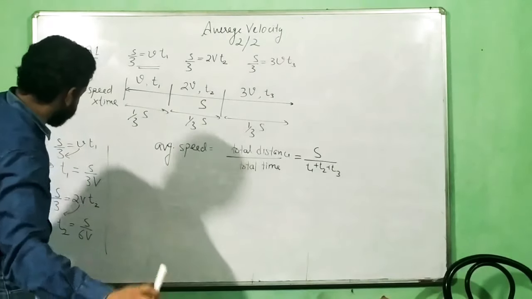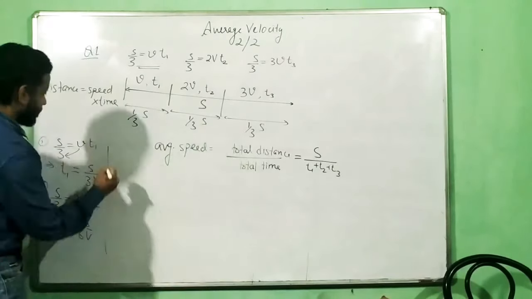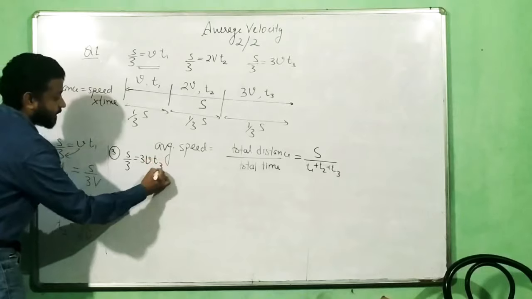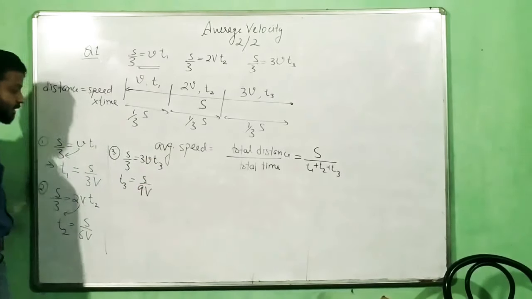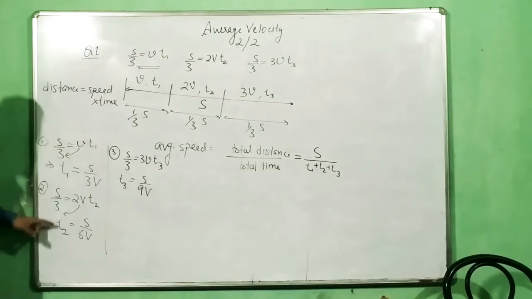And similarly, from the third term, s by 3 equals 3v times t3, so t3 will be equal to s by 9v. Now where am I going to put these values of t1, t2 and t3?